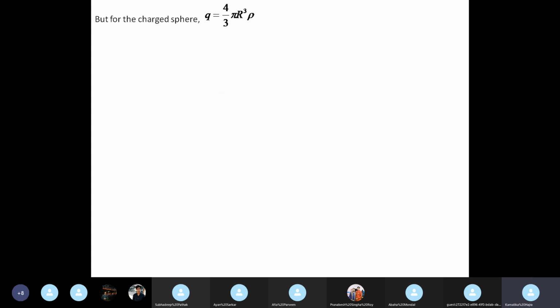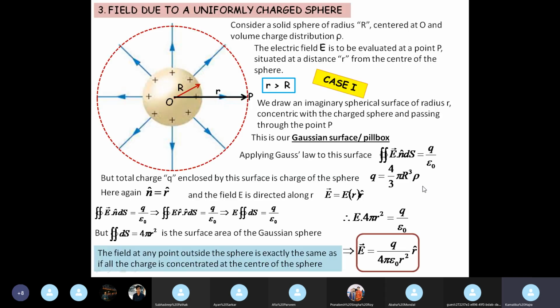But for the charged sphere now, the actual value of Q is not given. You are given rho, the volume charge distribution, and capital R, the radius of the sphere. So you can't give the answer in terms of Q. That was only to show you this expression is not incorrect.